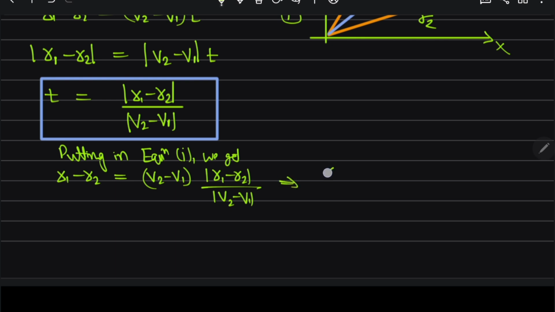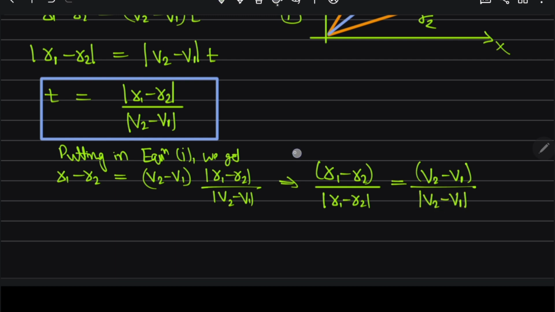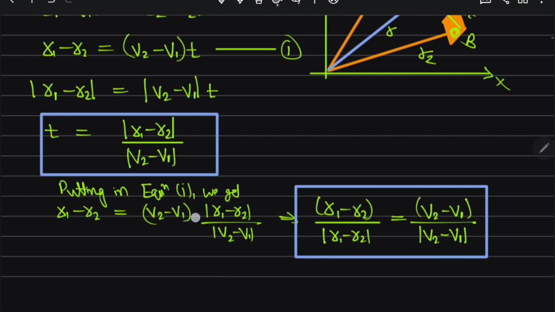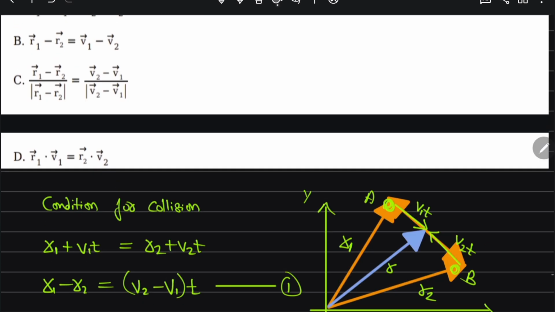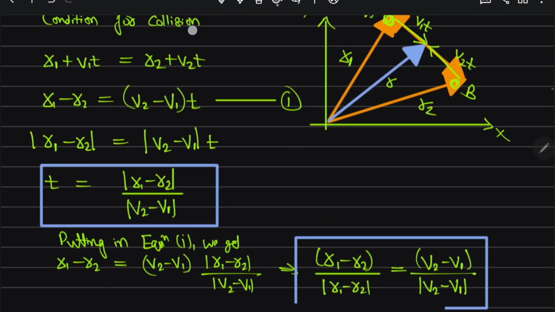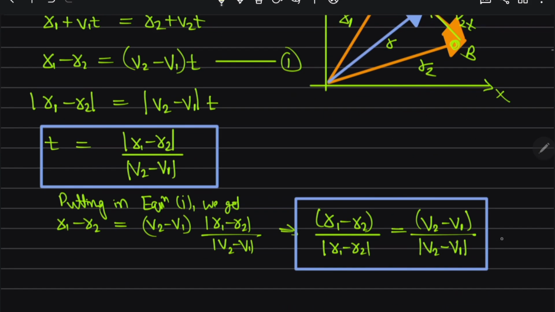So this comes out to be the condition: (r1 minus r2) upon its magnitude is equal to (v2 minus v1) upon its magnitude. So option C is correct.